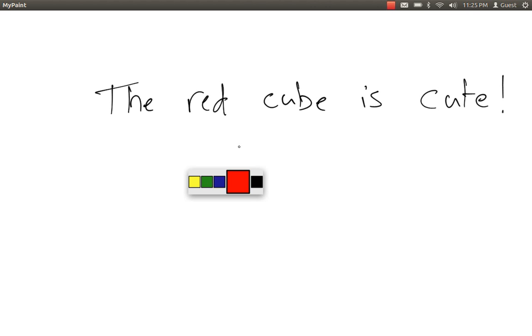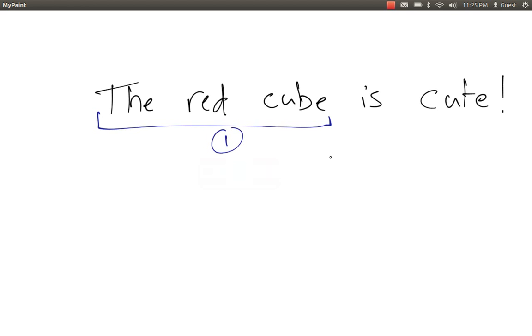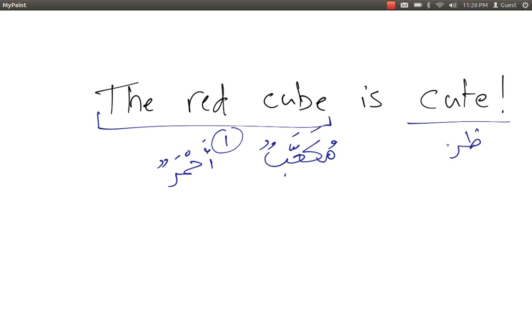Well, let's translate it. First part would be muka'abun. And what's the word for red? It's ahmar. And because muka'abun is a singular masculine, it would be ahmarun. And cute is dharifun. Dharifun.